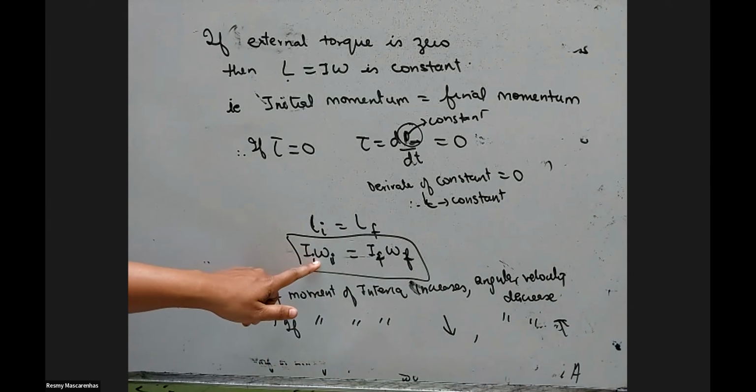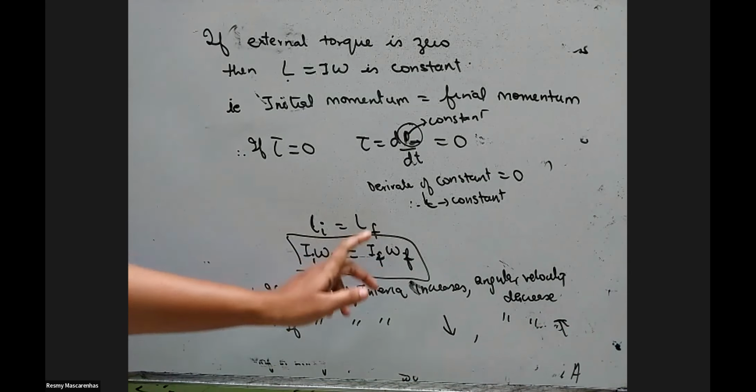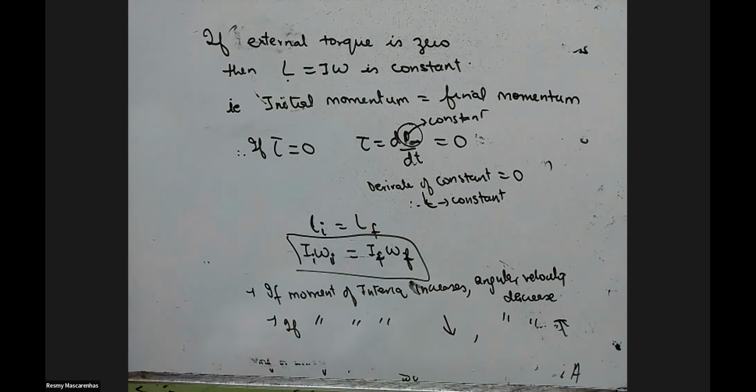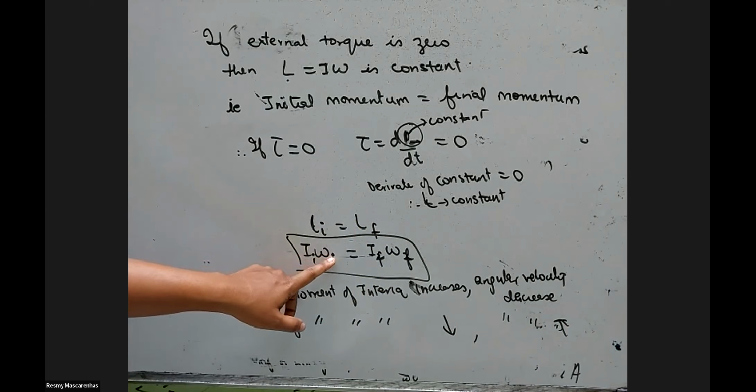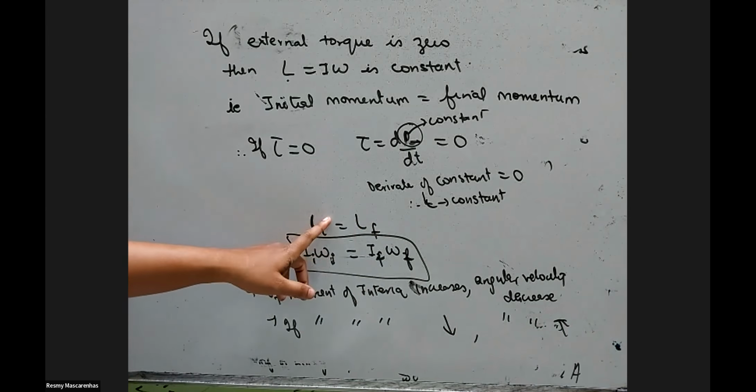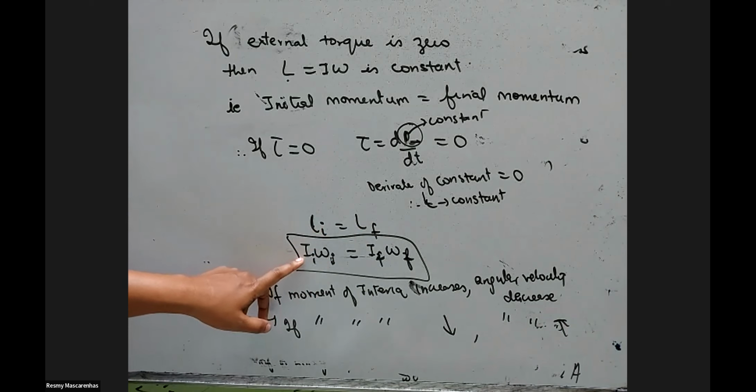Suppose you want to keep the angular momentum constant at 20. Now if this is 5, then this will be 4, because 5 into 4 gives me 20. But suddenly suppose moment of inertia decreases to 2.